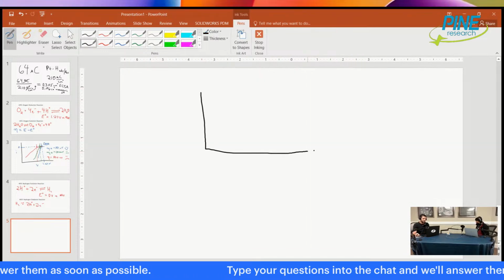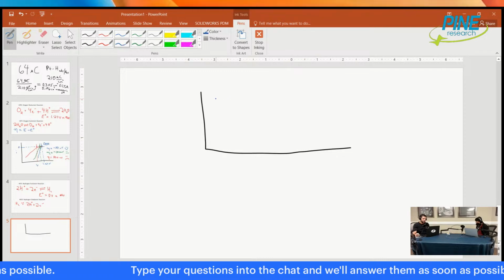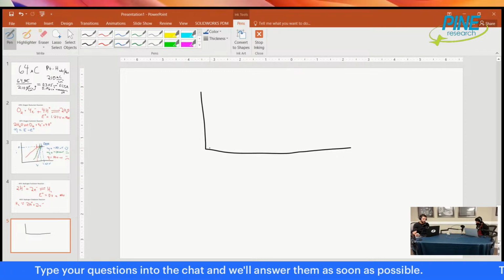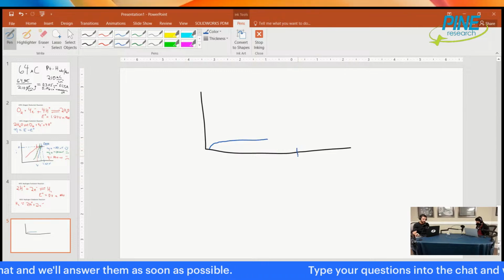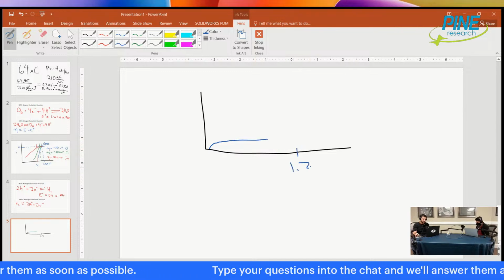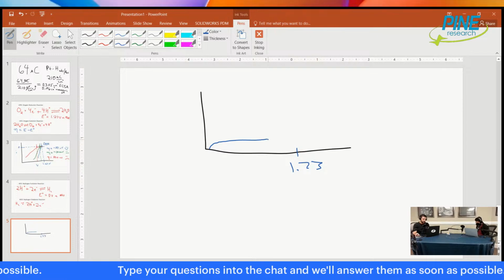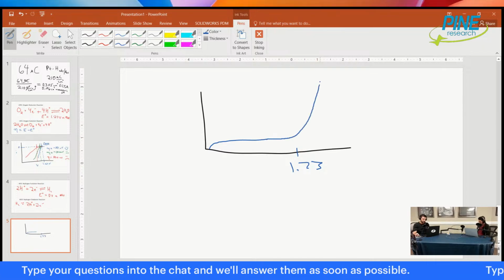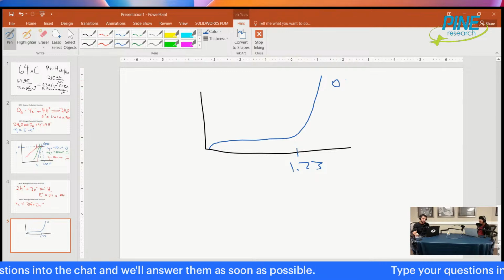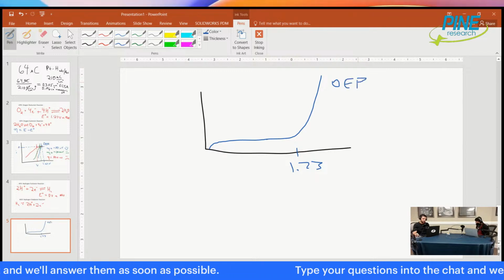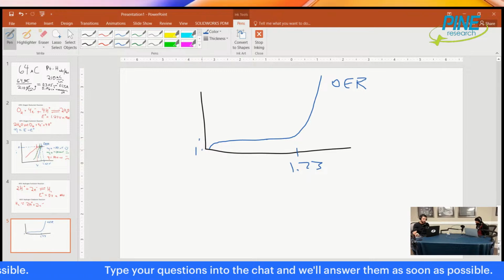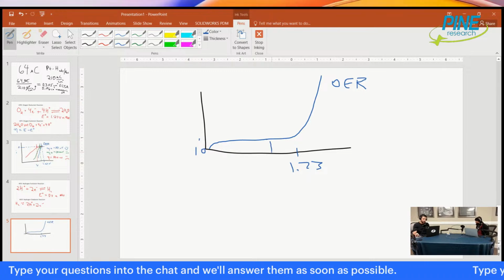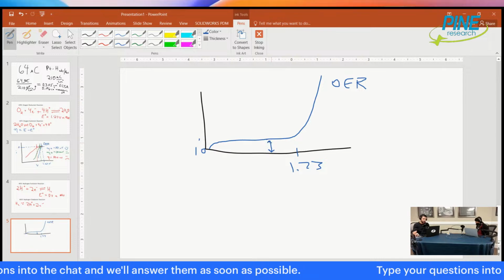Say you're doing a CV, and you're looking for the oxygen evolution reaction. This is 1.23, and you're looking for where it ticks up for the oxygen evolution reaction. But this right here is current 0, right? Well, this you might say is a baseline.